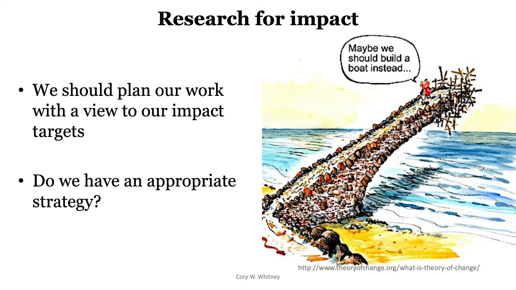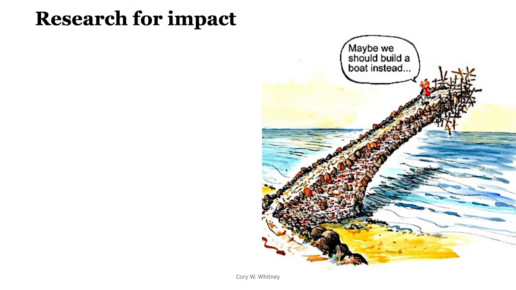So here's another joke from the theory of change guys: did we set out to cross, as in their case, a very large body of water, but try to apply the method here at a bridge that was not the right method? Did we think of the right method to apply before we set out? These guys might have chosen a boat or some other tool rather than a bridge. You may be able to think of cases like this in the research community.